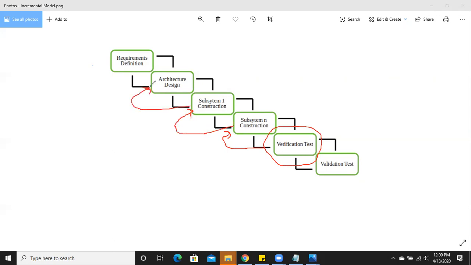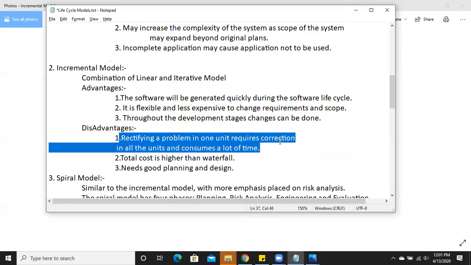Then if the designers also can't resolve it, they contact the project manager, right? Now the project manager will contact the client. So all this process requires a lot of time, because one change can make changes in all the previous steps, right? So this is one of the disadvantages.